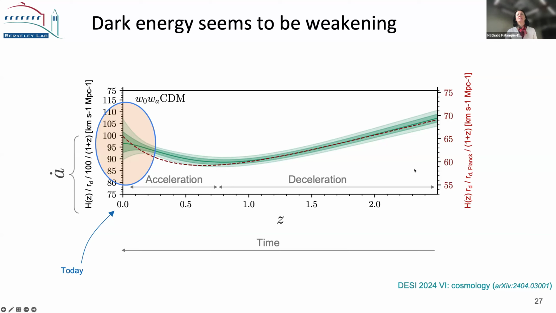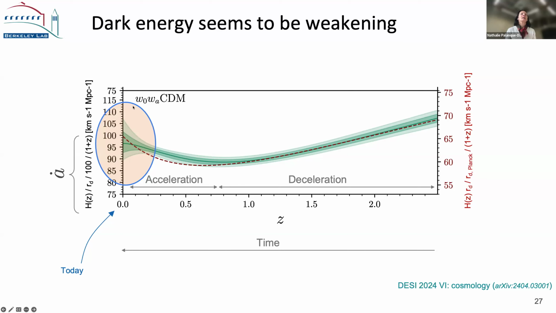In both cases, we have that same period of deceleration of the expansion of the universe, which is due to the fact that the universe at the time is dominated by matter, and matter basically holds the universe together and decelerates its expansion, followed by this period of recent acceleration that is the origin of this study on dark energy. And this is what was discovered with type 1a supernovae back in 1998.